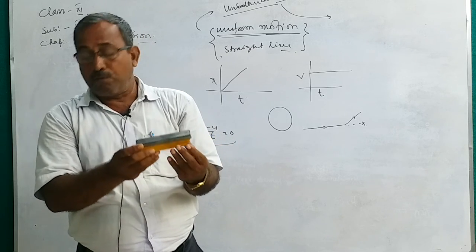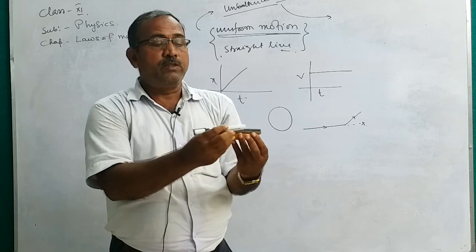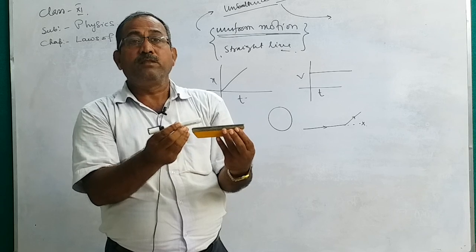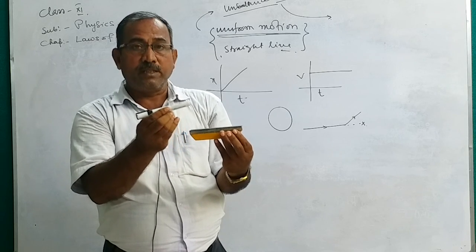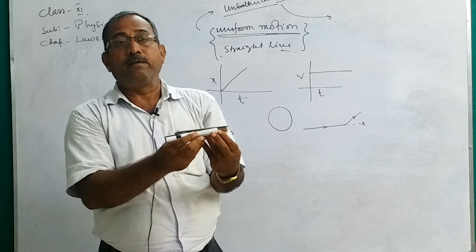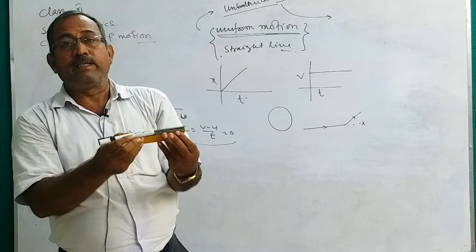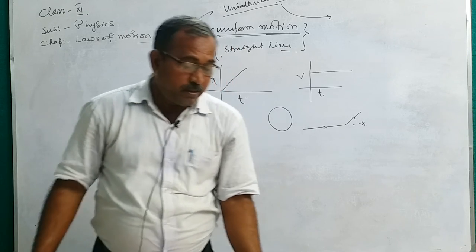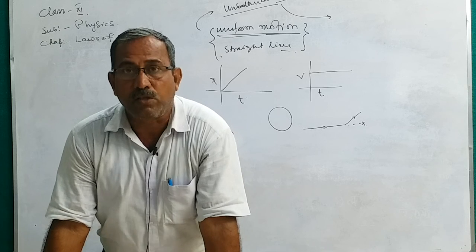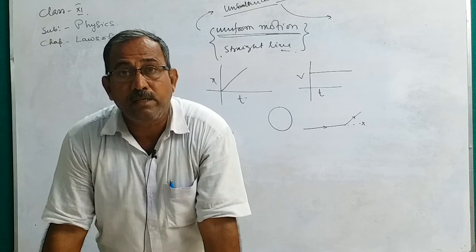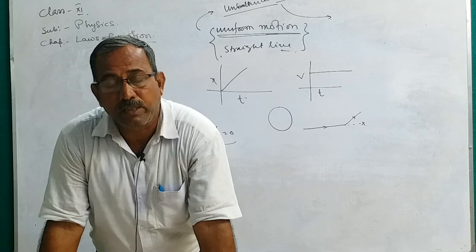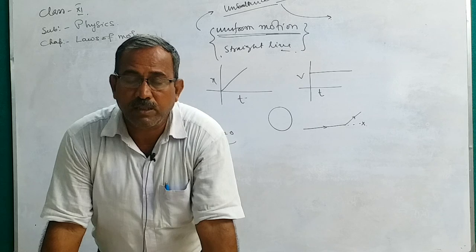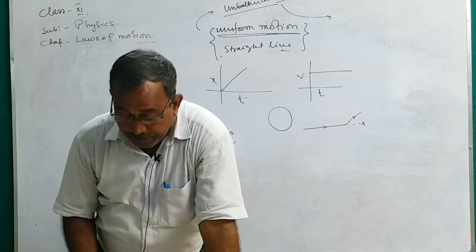The force needed is more for the object with more mass and less for the object with less mass. Am I clear? So inertia depends on the mass of the object. If the mass is more, the inertia is more. If the mass is less, the inertia is less.